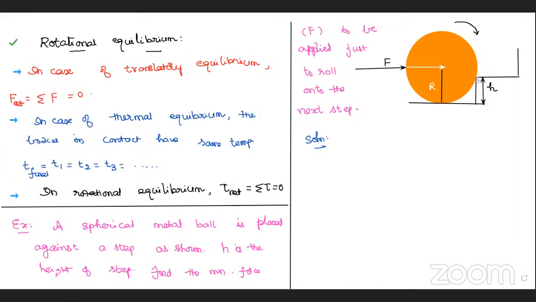So the student is saying that at the corner, the step gives some force perpendicular to the corner. But the problem is, since it is taking support at that edge, you have to assume the axis of rotation here. This is the axis of rotation.